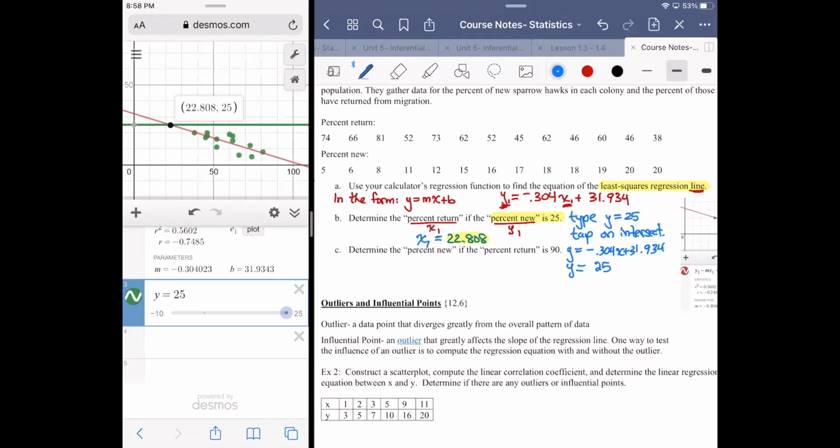So by tapping on the intersection, it's finding the solution between these two parts of the equation. It's setting the left side equal to the right side and finding the solution. Then, because we know the y value, all we need to know is the x value from that coordinate, and we have it.